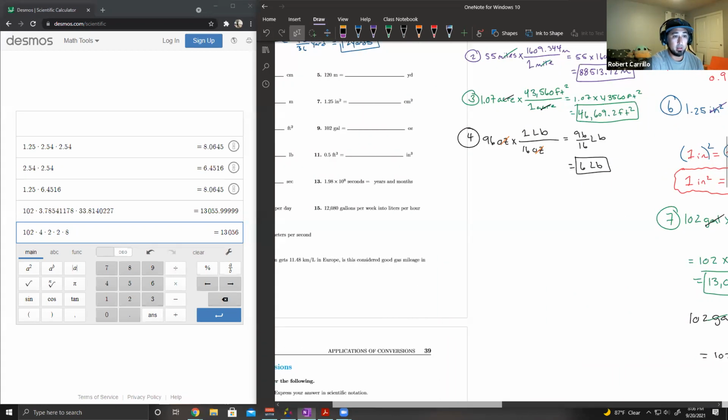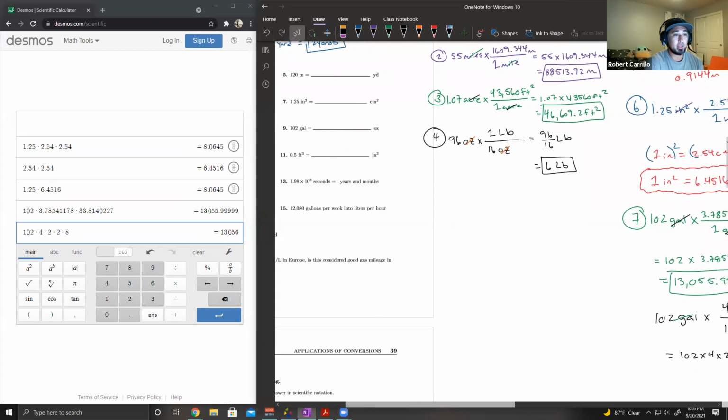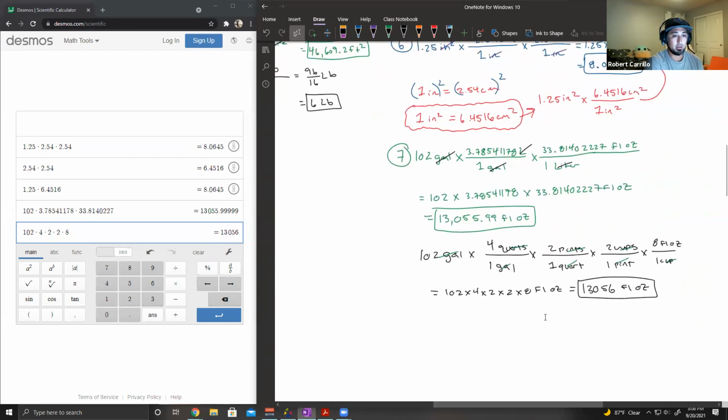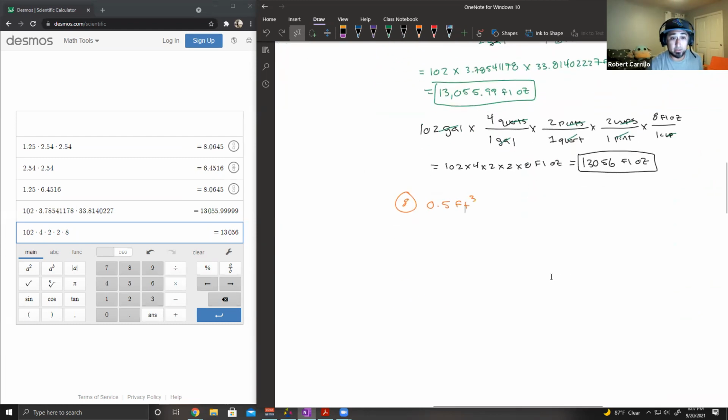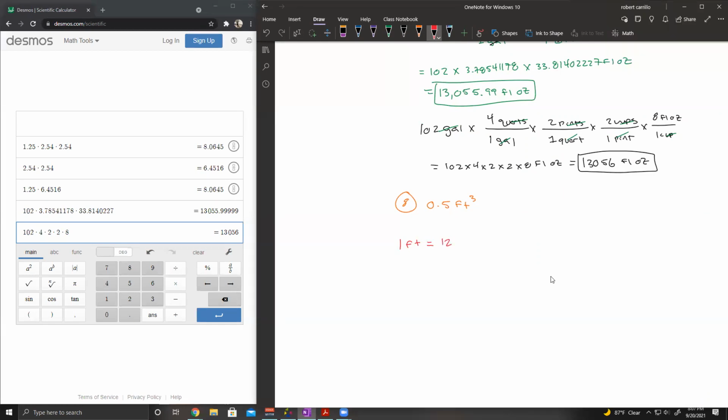Okay, and then that one, 0.5 cubic feet to cubic inches. So here's where we can save some time again. We know that in 1 foot, there are how many inches? 12.